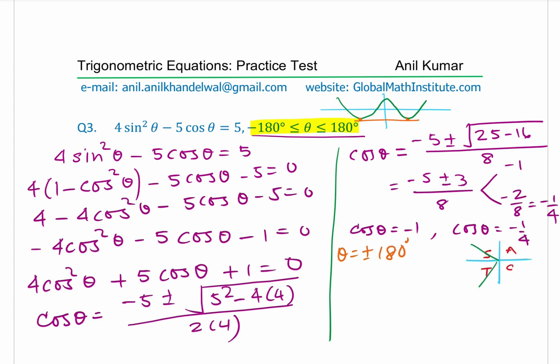So we'll find the acute angle alpha here. We can say alpha equals cos inverse of 1 over 4. So let's find this answer now. Shift cos inverse of 1 divided by 4 is equal to 0.999.